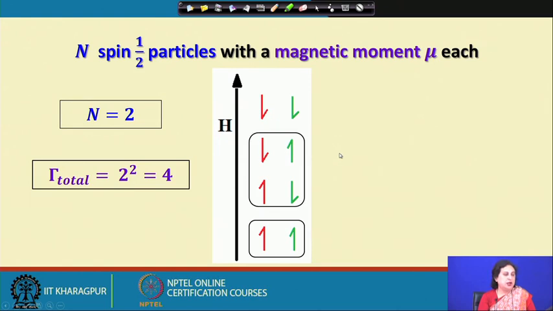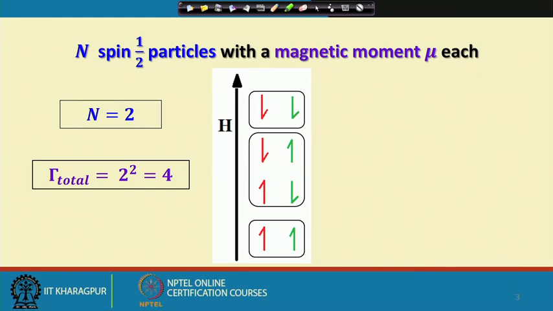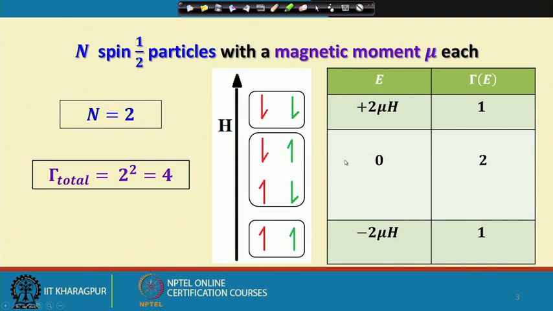So, here I am highlighting these microscopic states by grouping them in 3 different boxes. And what do I mean by this? This is what I mean when I say that if I look at only this microscopic state, each spin contributes minus mu h to the energy of the system.